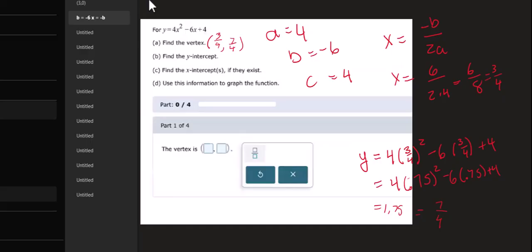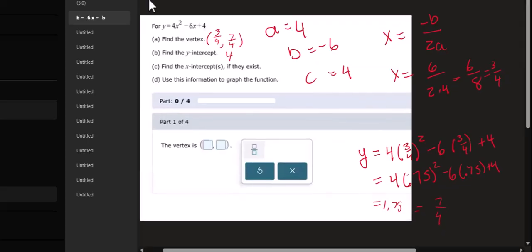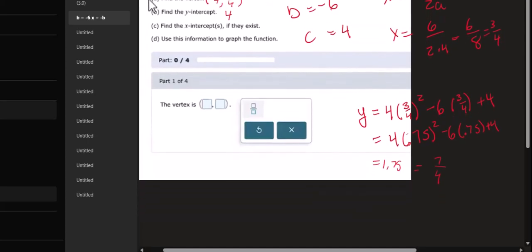Now the y-intercept is when you make x equal to 0. It turns out it's also always c. So if you have it in ax squared plus bx plus c form, the y-intercept is c, so it's 4. But you also get the y-intercept by setting x equal to 0.